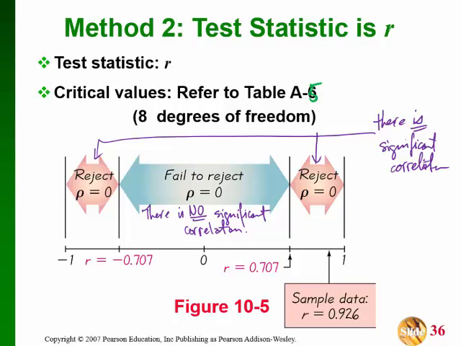On the quiz, I think I have you write down one more piece of information. I think I will have you identify whether the correlation is positive or negative. So in the end, you would say there is significant positive correlation or negative correlation, if there is correlation.